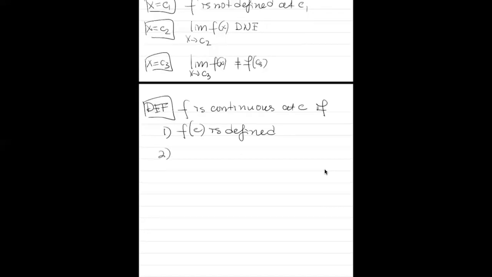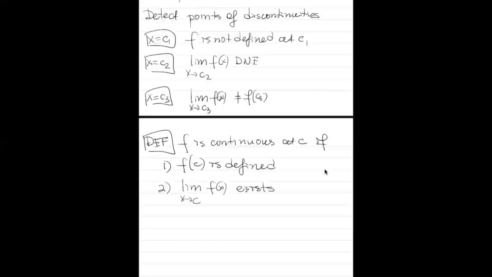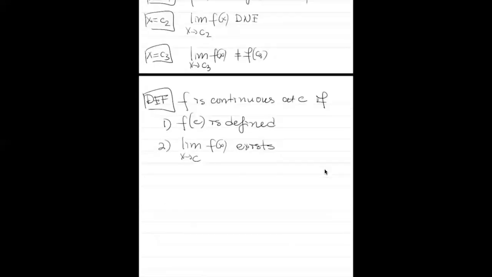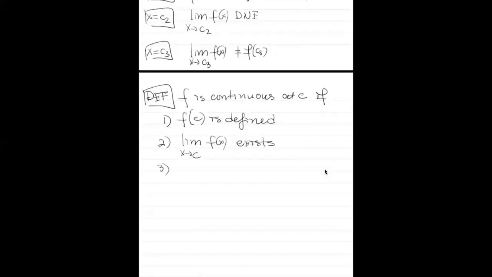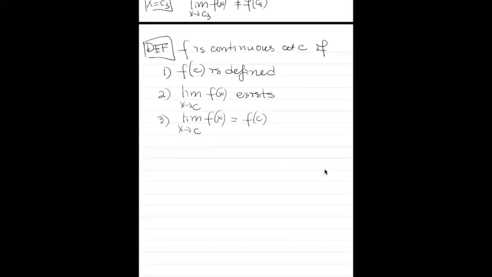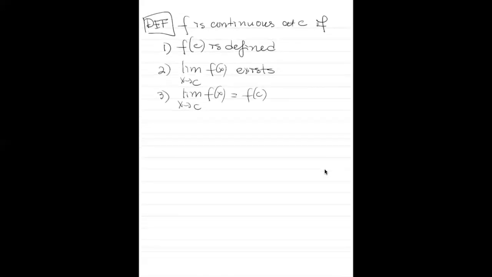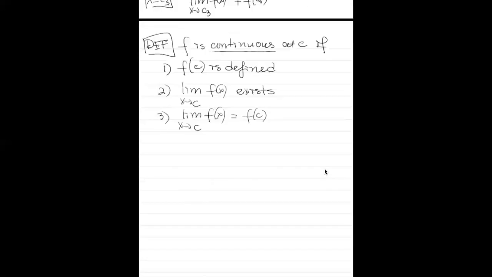We saw that was a problem for C2, where we had a jump. And number three, these two, number one and two, have to be equal to each other. In other words, the limit of f of x when x approaches C has to be exactly f of C. So those are three important conditions for the function to be continuous.